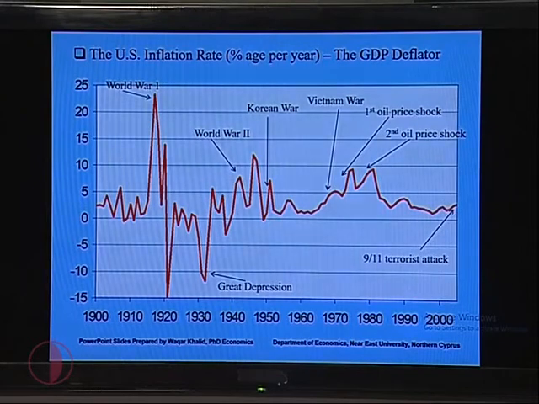But now look at the graph when there was the Second World War. The graph is moving away from the zero point. Similarly, for the Korean War, for the Vietnam War, for different oil price shocks, like in the era of the 1970s, in the year 1973, we have the first oil price shock.